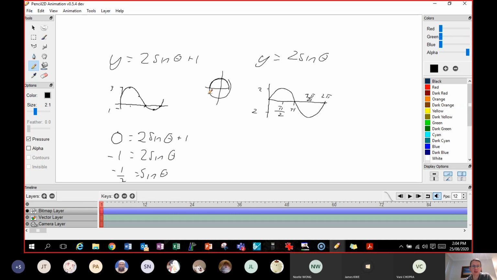So for it to be -1/2 would be here and here. So that's actually going to be at 7 pi on 6, and 12 pi on 6 minus 1 pi on 6 would be 11 pi on 6. And then we can use all the times from that. So I know now that is 7 pi on 6, okay, and 11 pi on 6.